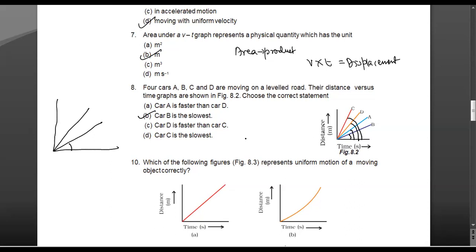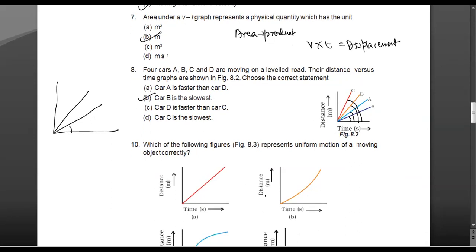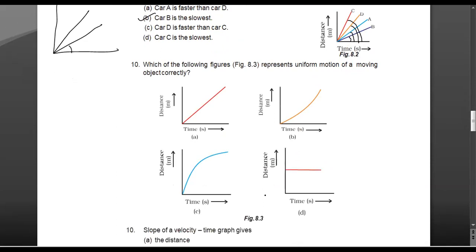Which of the following figures represents the uniform motion correctly?